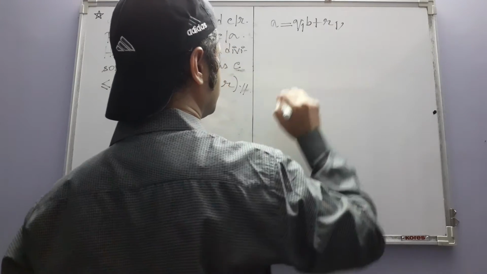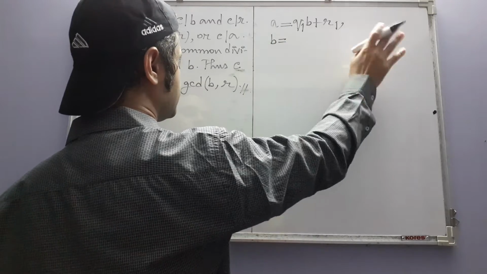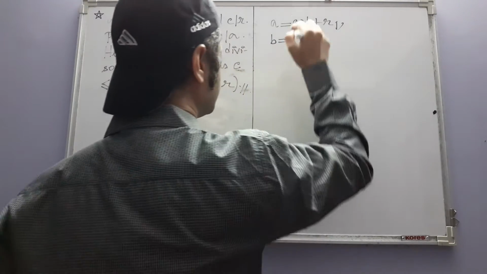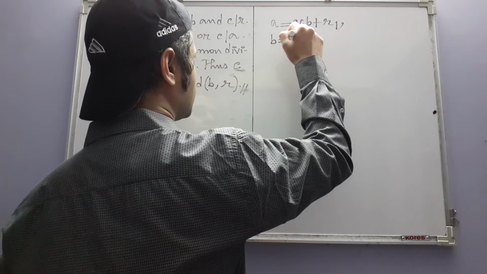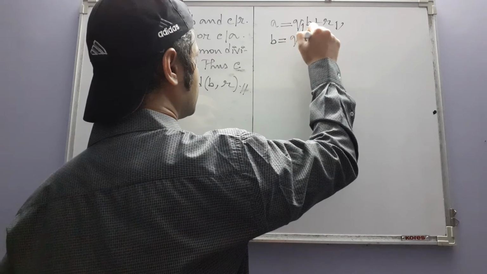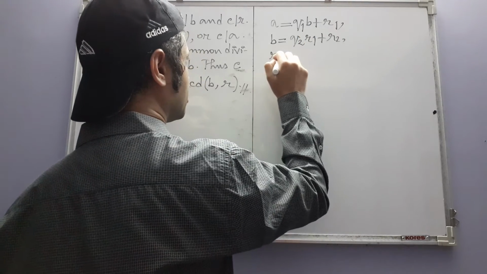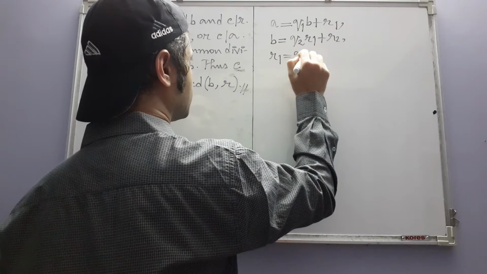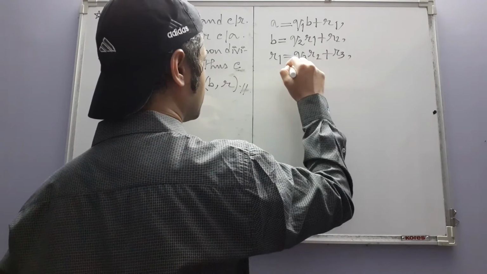Then B is next divided by R1 to produce the remainder R2. Then R1 has been divided by R2 to produce the remainder R3, and it went on like this.